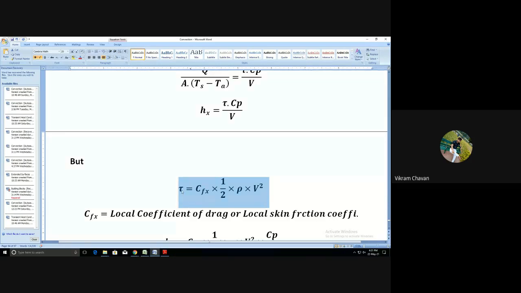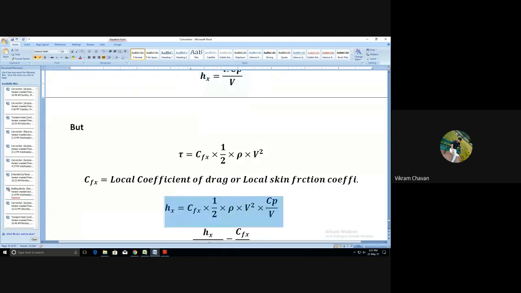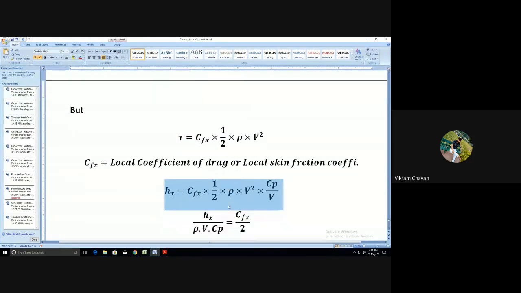So we have to put this particular formula in the Hx equation, the local heat transfer coefficient equation. Therefore Hx will be equal to Cfx multiplied by 1/2 multiplied by rho multiplied by V square multiplied by Cp divided by V. Just we have put the tau formula in this equation. Now we have to segregate the terms. We take rho V Cp on this side.